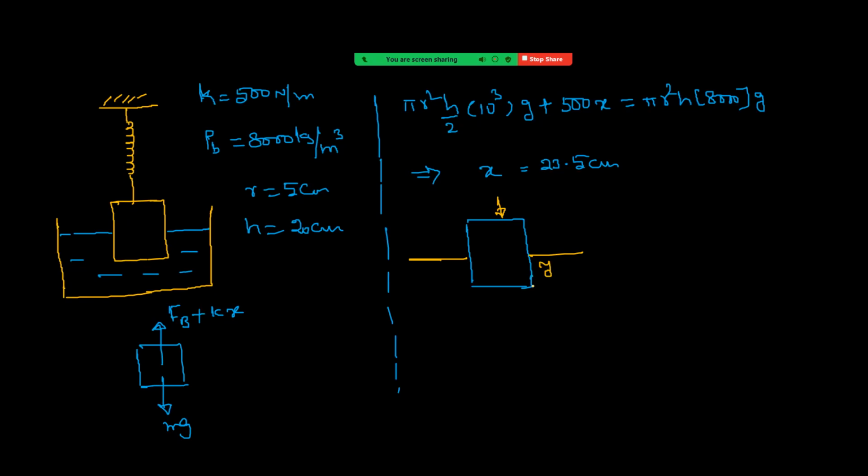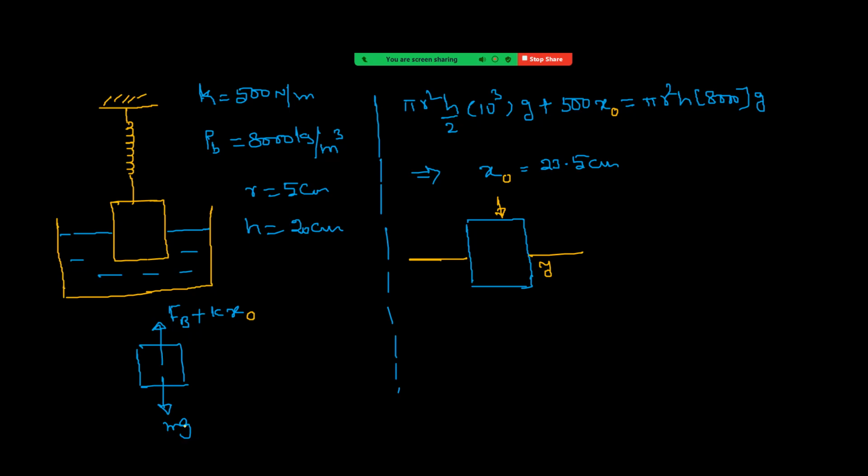Slightly push it down by a distance y. When you push it down, we have extra volume in the liquid, and since we have extra volume, we get extra buoyancy force. See carefully, let us take this as x naught, the equilibrium. So buoyancy force plus kx naught, and this is mg, constant.